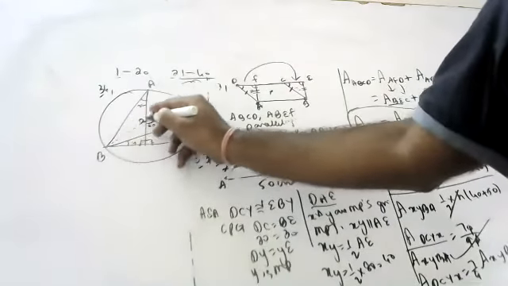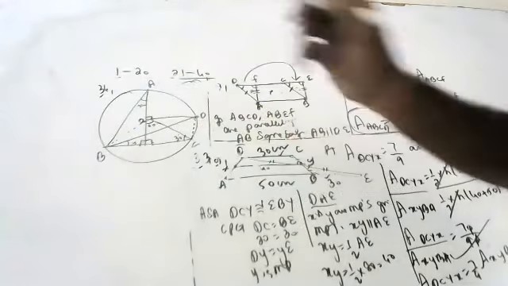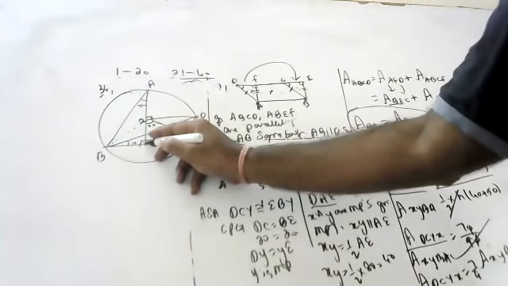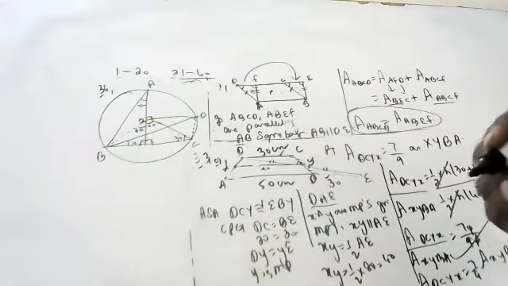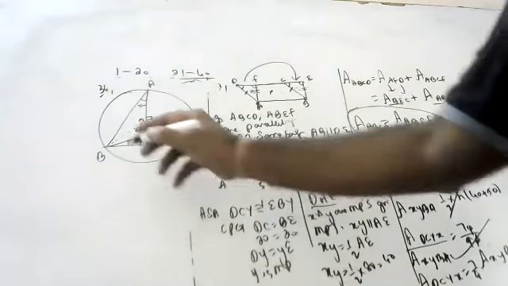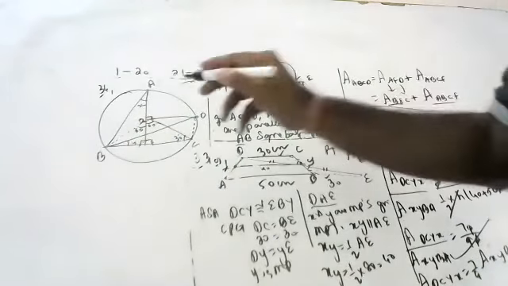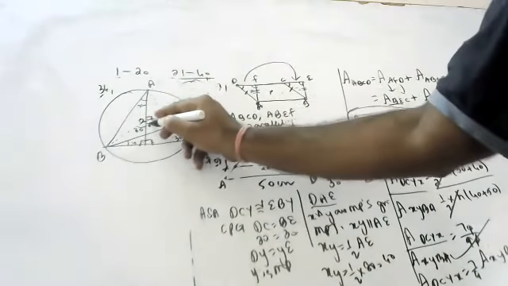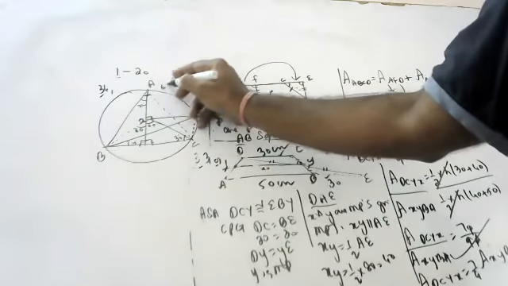Let's join like this. Children, since this is perpendicular, these both triangles are congruent, so this also will be 60. If I join like this, this total is 120, so this total will be 60.